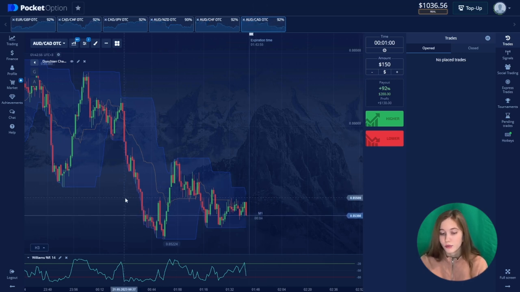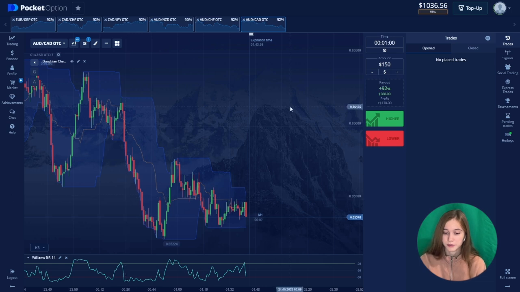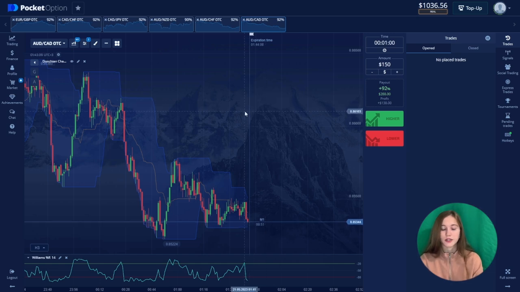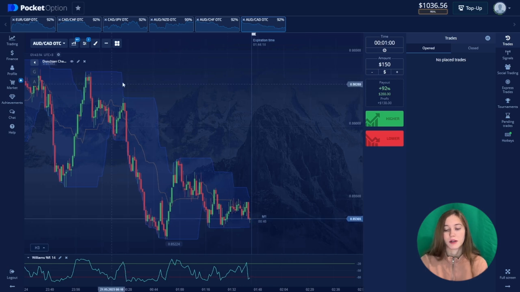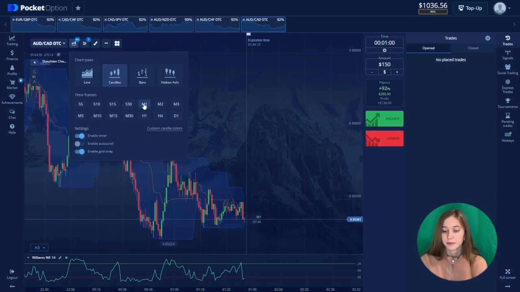Let's summarize. The most important thing is balance. We started with $100 and now we have $1,300. Good results. So a 1 minute time frame, concept as we see.